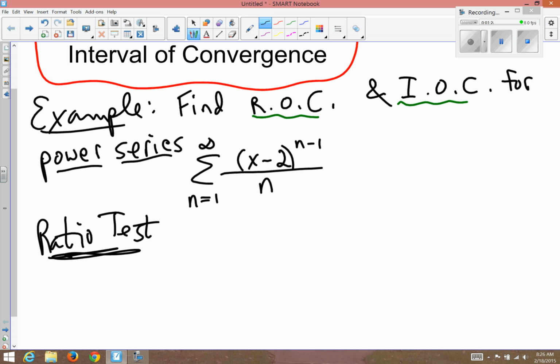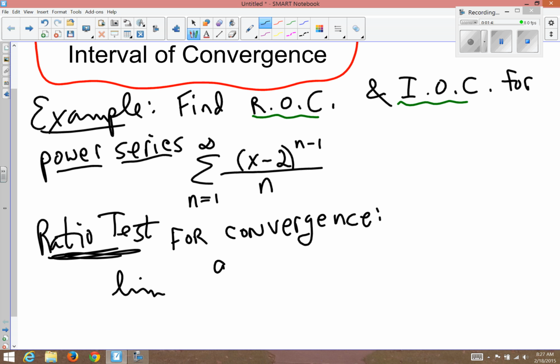According to the ratio test, in order for a series to converge, we need the limit of the n plus first term over the nth term, and we're going to use absolute value, so we'll have absolute convergence.